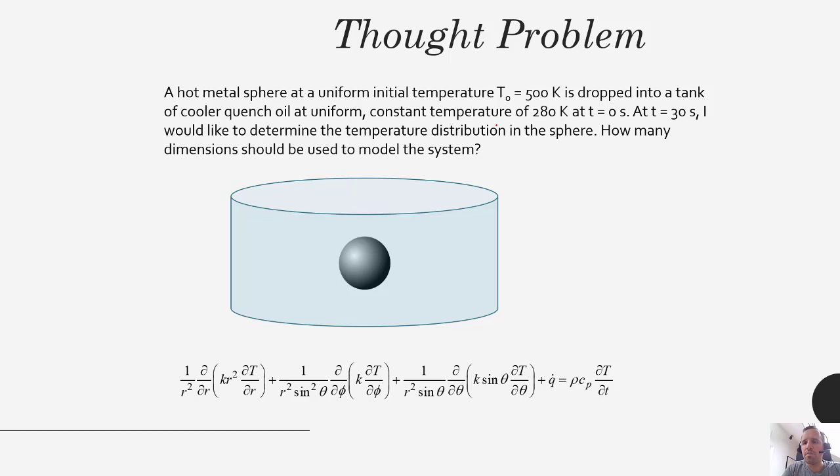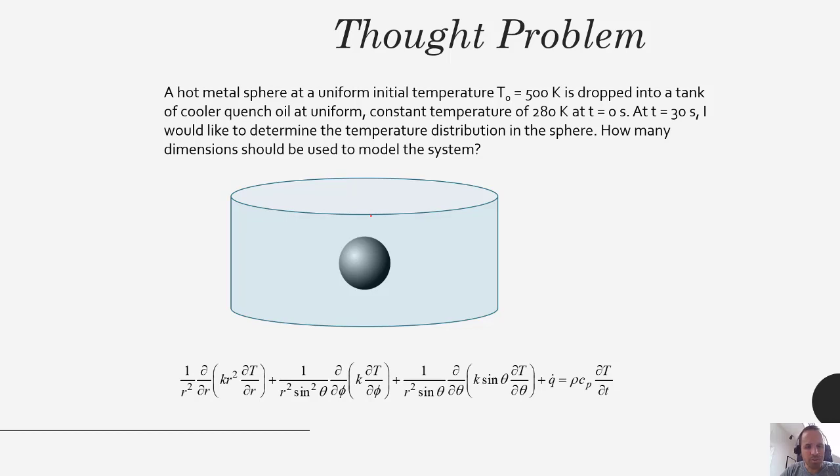So at time equals 30 seconds, I would like to determine the temperature distribution in the sphere. How many dimensions should be used to model the system? We're assuming that the sphere is just sort of hanging in the air somehow, maybe suspended somehow. So that should play into our thinking. I'm going to pause, and I want you to think, how many spatial dimensions do we need to model the system?